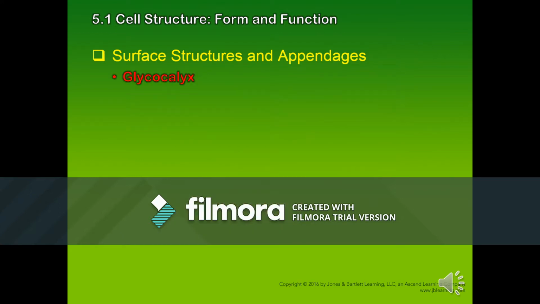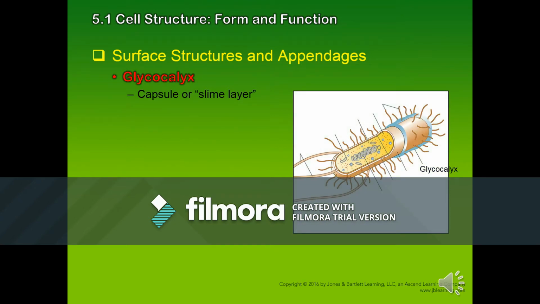Okay. The glycocalyx, this is something called a slime layer. And there are some bacteria that have very major slime layers. Some just have a kind of normal one, but you can see it when you grow these on a plate. You can see a lot of the slime of that glycocalyx.